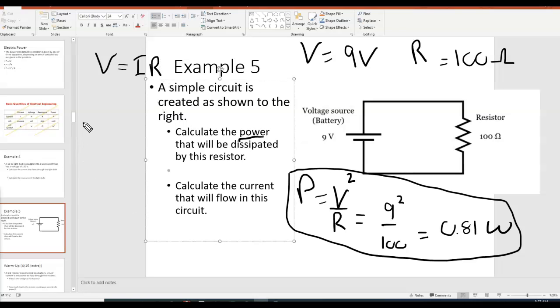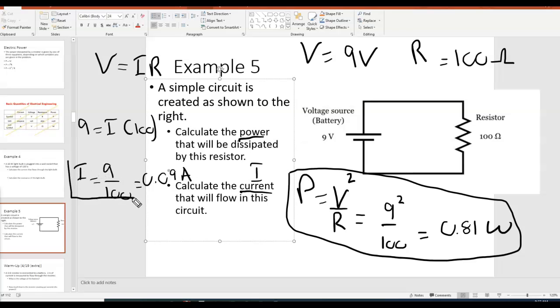So V equals I times R. I want to find the current, which is I. So I have 9 equals I times R, which is 100. I'm multiplying I by 100, so I want to divide both sides by 100. I equals 9 over 100, which is 0.09 amps, or amperes. So that is my answer to the second question for example 5.